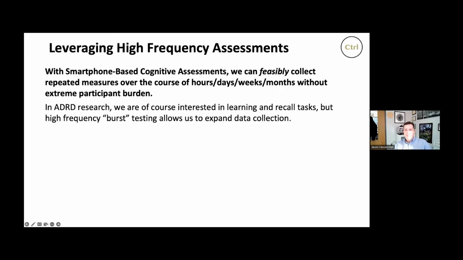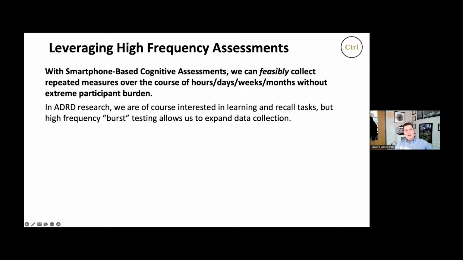So with smartphone based assessments, I think we can collect things over the course of hours, days, and weeks, or even months without extreme participant burden. This may seem like a pretty obvious thing to say, but if you explore the possibilities, you can actually do a lot more.